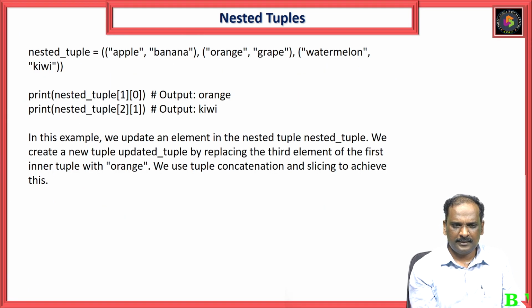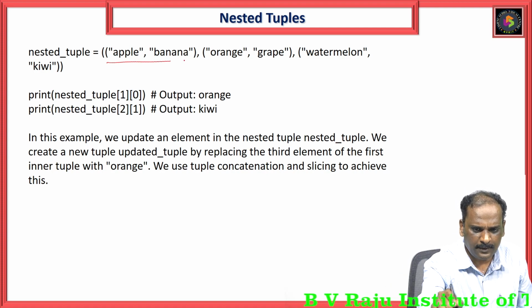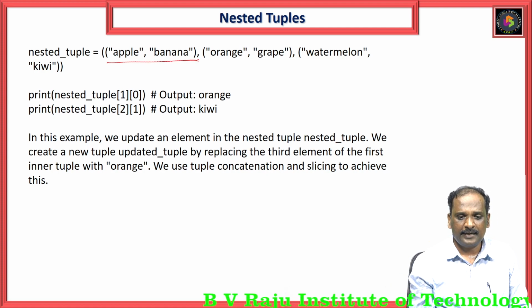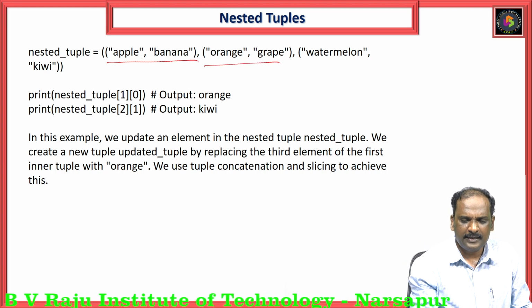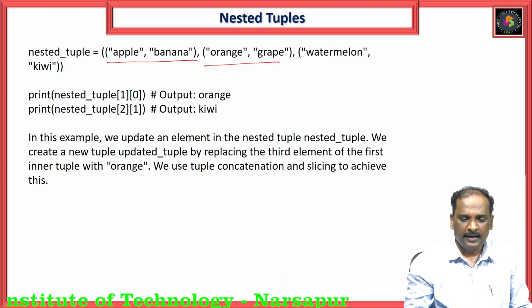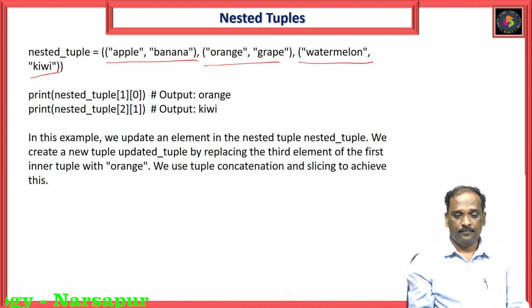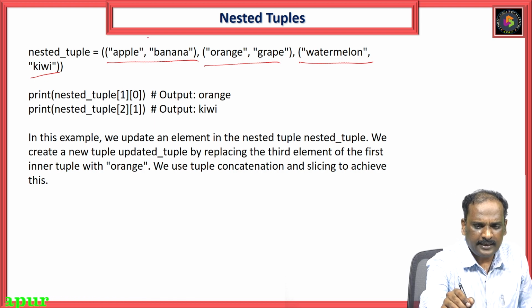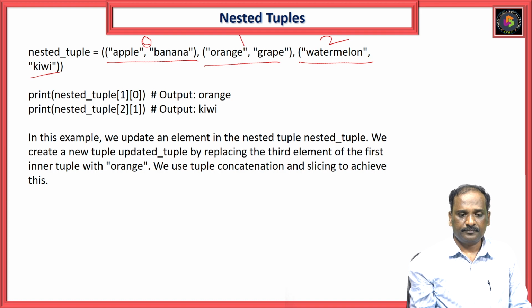So this is the explanation that is given. So here, in the nested tuple, the tuple at index 0 is containing the elements apple and banana. The tuple at index 1 is containing orange and grape, and the tuple at index 2 is containing watermelon and kiwi fruit. So this is at index 0, this is at index 1, this is at index 2.